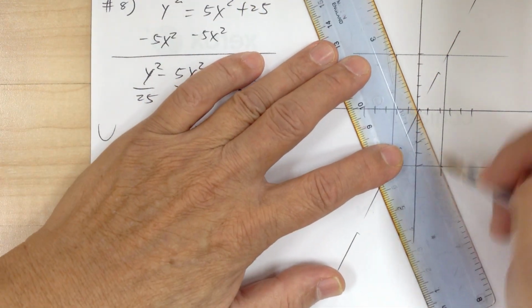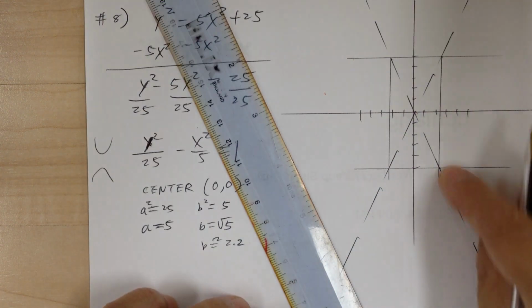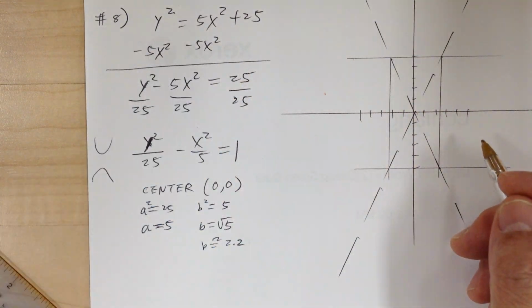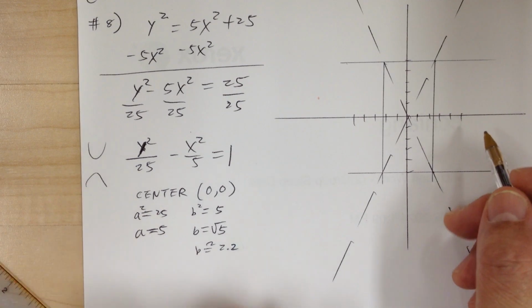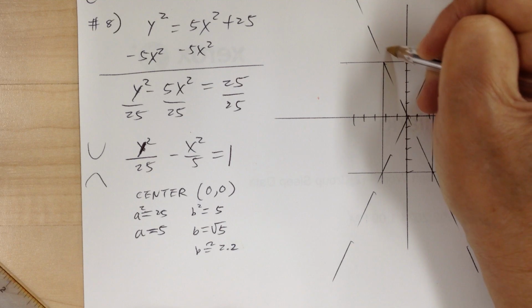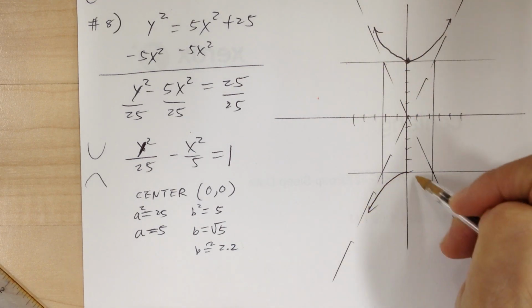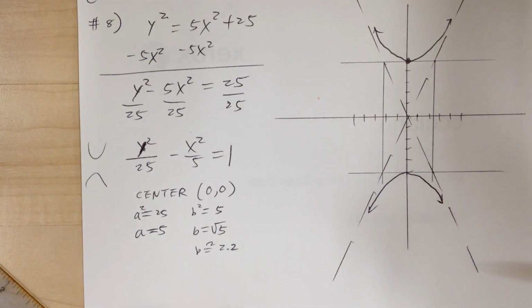Draw your asymptotes as dashed lines. The asymptotes go through the corners and the center. The distance is in the y direction, so remember this is your vertex over here, so you go like this. Okay, so that's your graph.